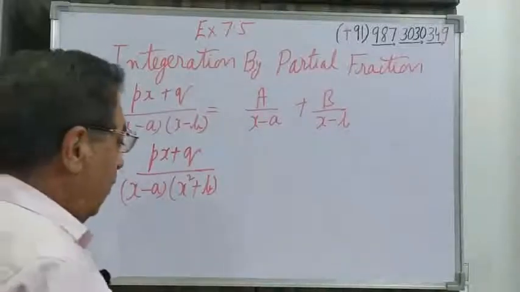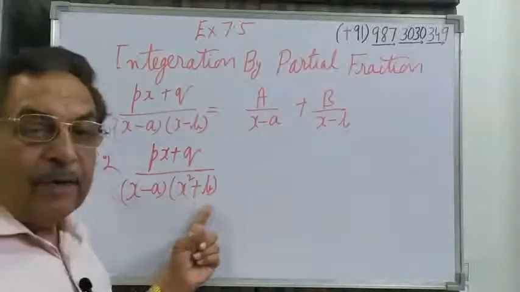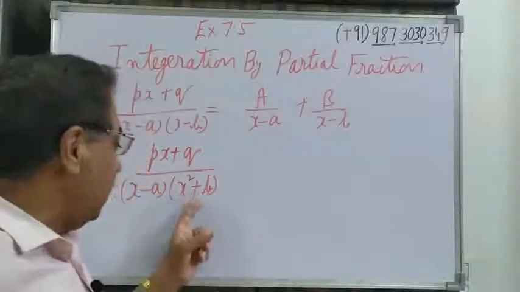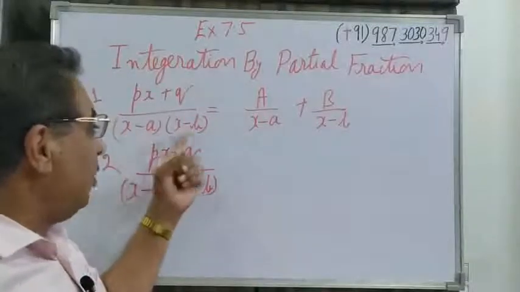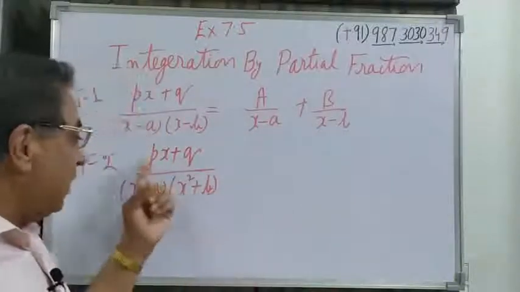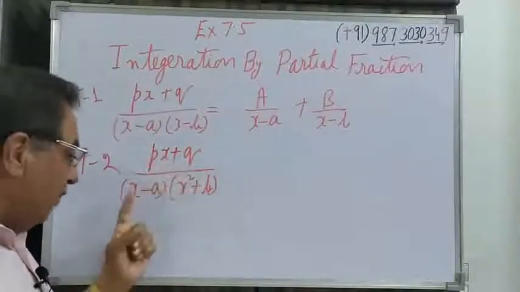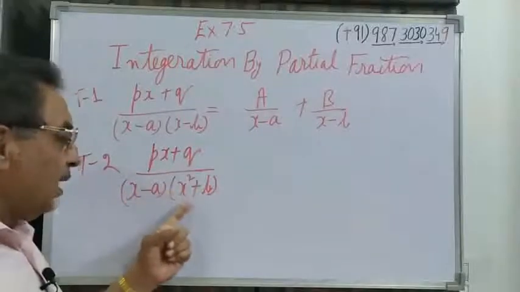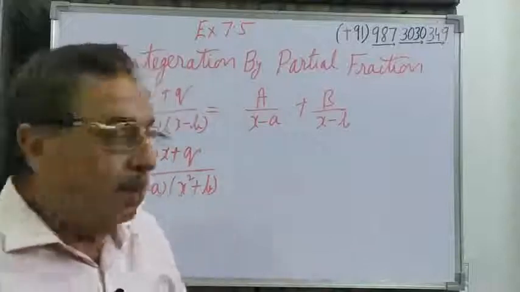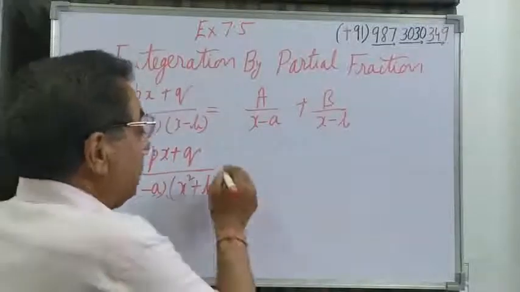Now x square plus b is a non-factorizable quadratic. Here there were two linear factors, and we wrote it this way. Now one factor is linear and the other is a quadratic but not factorizable. Then how do we integrate this?